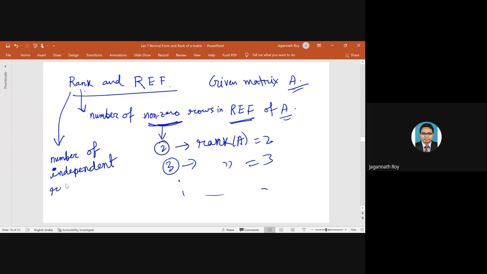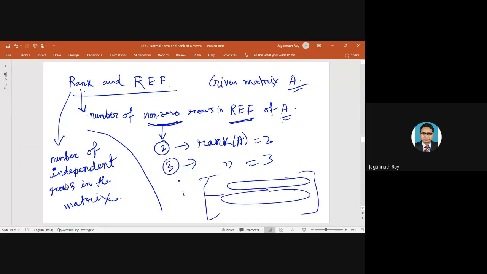Number of independent rows in the matrix. So if you take the row vectors of the matrix, row 1, row 2, up to row M, and try to find out how many are actually independent. If n row vectors are independent, then the rank will be n. Otherwise, we have to look further.